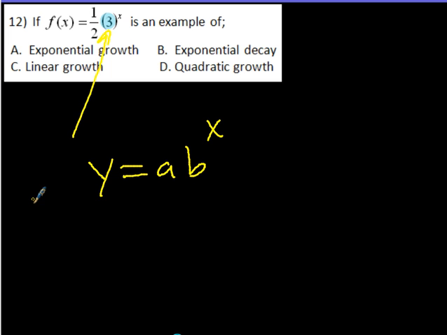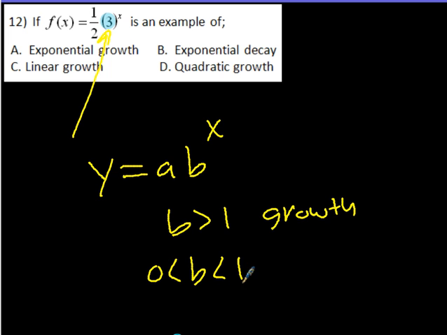If b is greater than 1, it's growth. If b is between 0 and 1, it's decay. We talked about radioactive decay, less and less radioactivity. We talked about growth in a lot of different formats: populations, money, all sorts of different things. 3 is more than 1, so A is the correct answer for number 12.